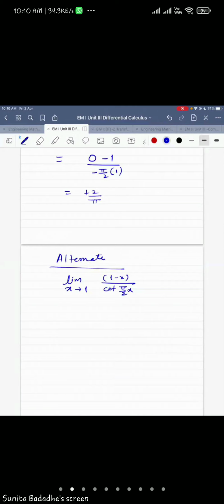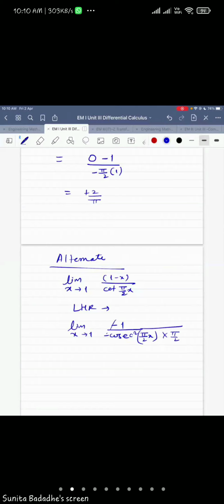Then you differentiate the numerator and denominator. So it will give you, x tending to 1, minus 1 upon, now derivative of cot is, you must be knowing the derivative of cot. What is the derivative of cot? It is minus cosec square pi by 2x into pi by 2, right?